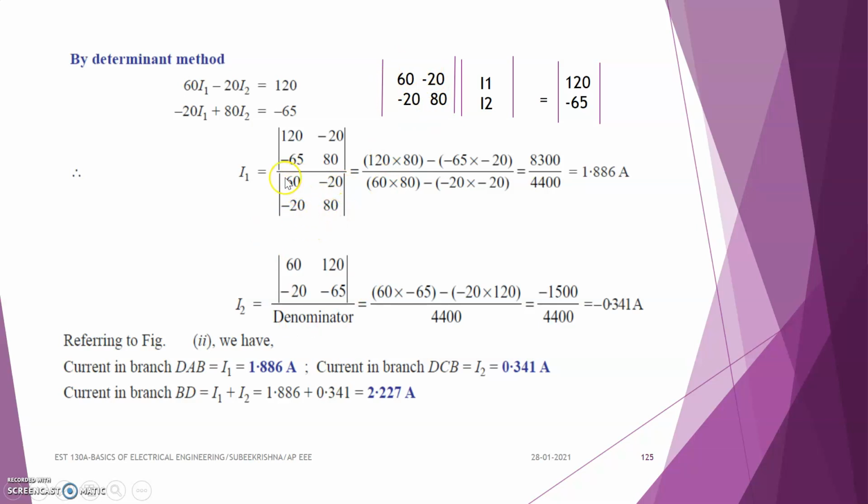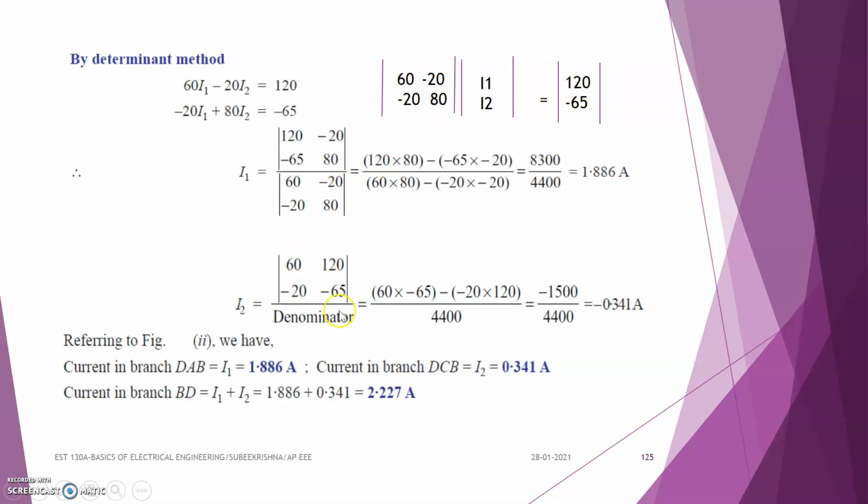We find the determinant of each matrix, and we get the final value of I1 as 1.886 ampere. For finding I2, by the same method, we replace the second column with the voltage values.